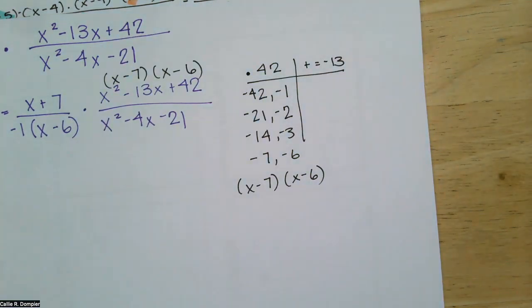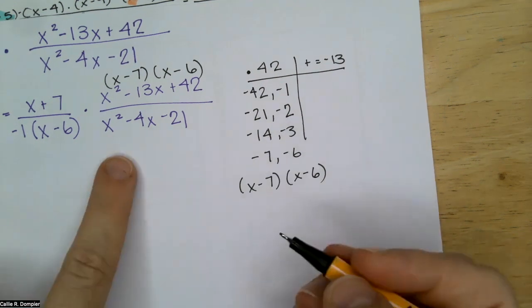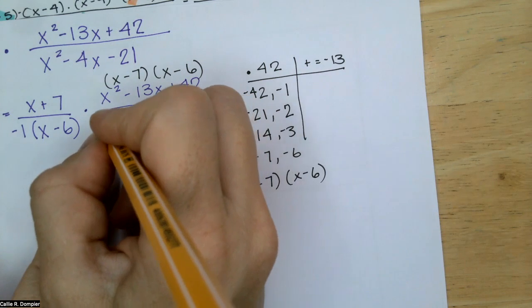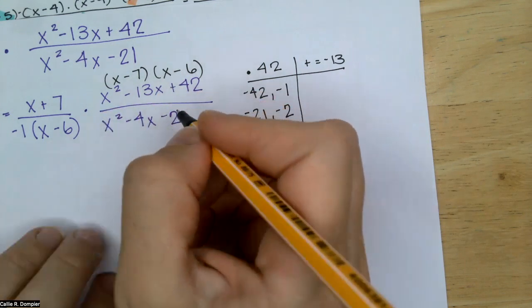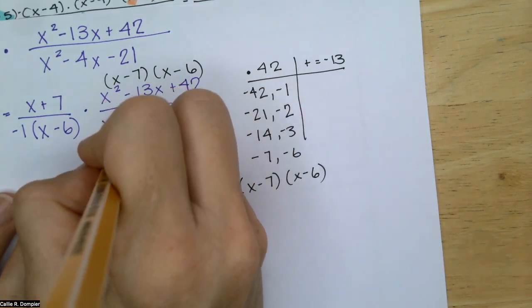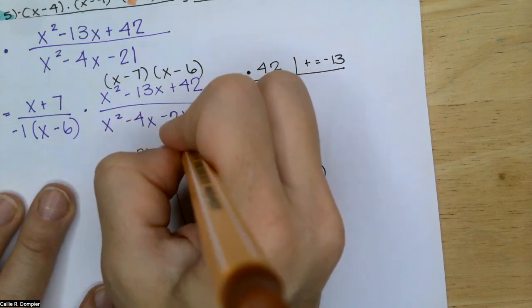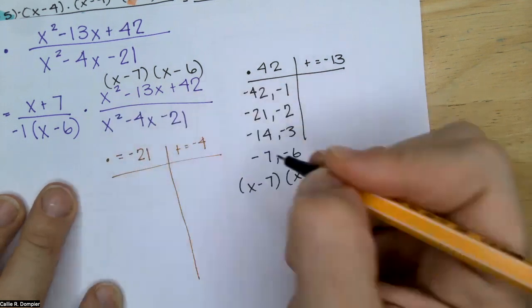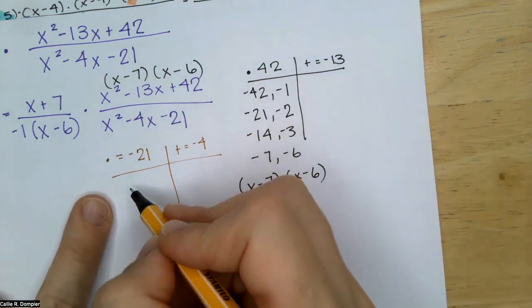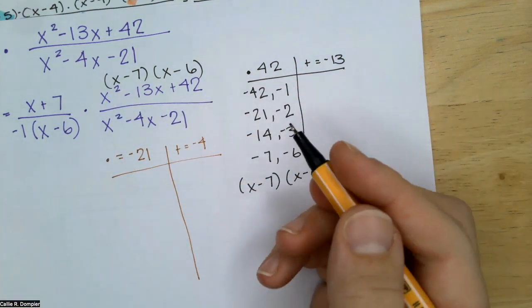Good. Here we have a is 1, b is negative 4, c is negative 21. So we need it to multiply to equal negative 21, and we need it to add to equal negative 4. So since it's a negative 21, we are going to have one positive and one negative factor.